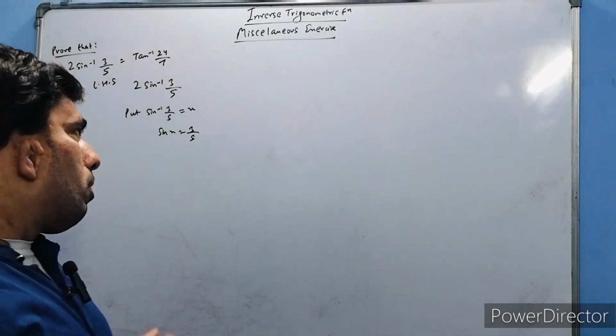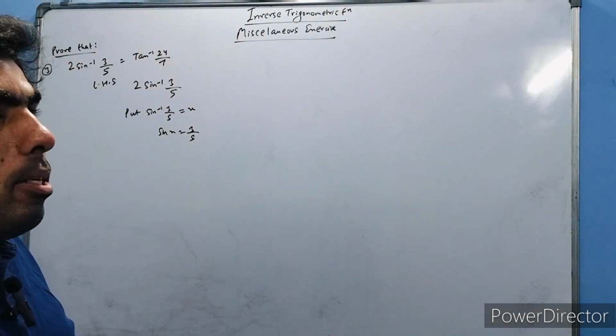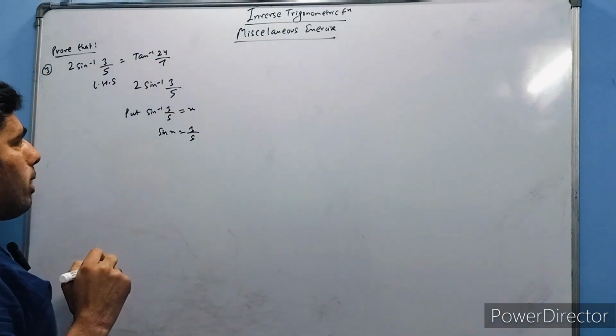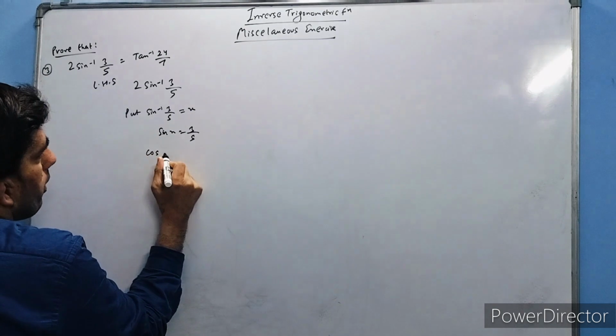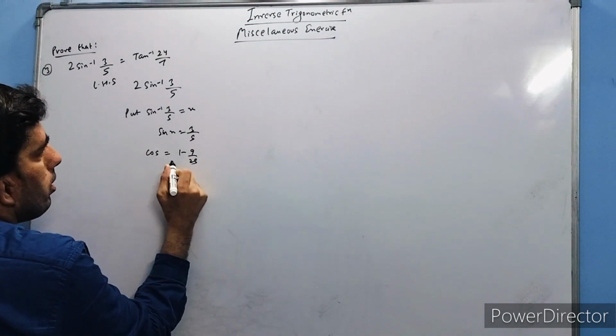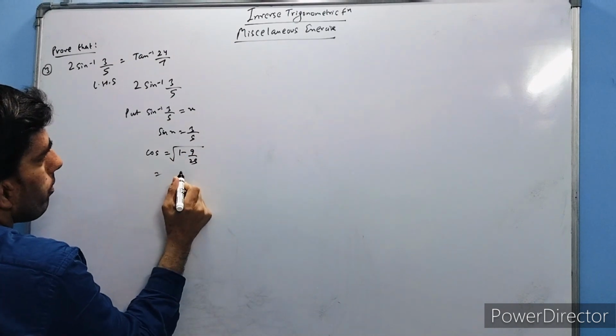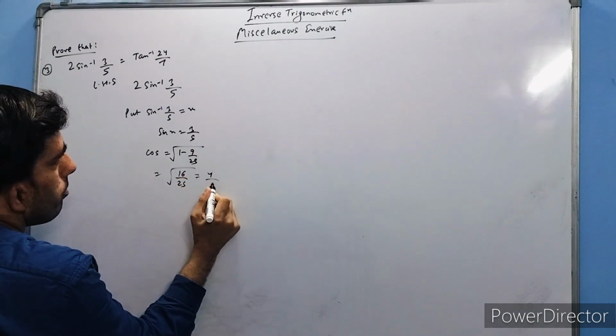Now what can we do? In a very simple way, we know the identity we studied in class 10th, that is sin square x plus cos square x is equal to 1. So we'll find cos: 1 minus 9 upon 25, that is 25 minus 9, 16 upon 25. So cos x is 4 upon 5.